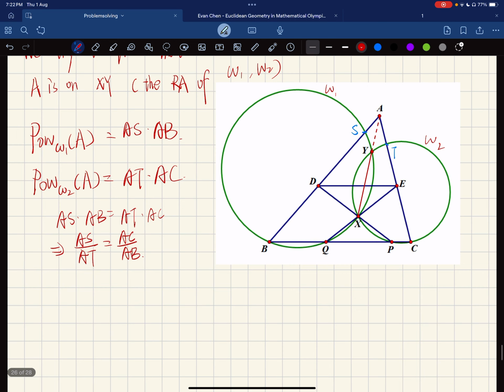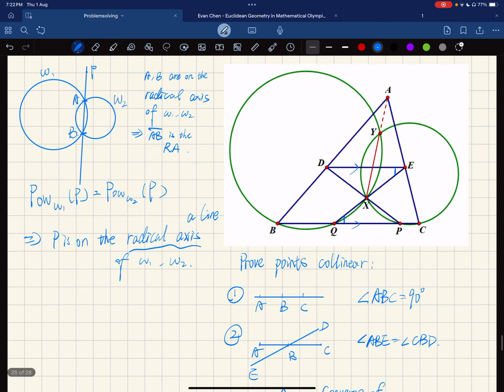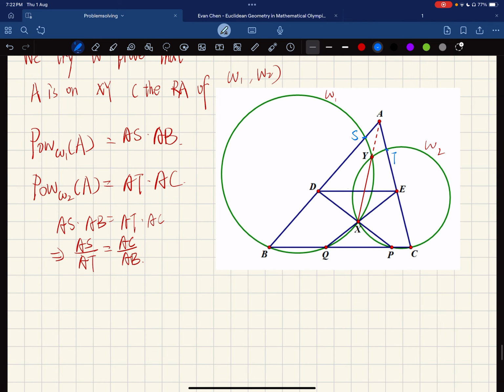Right. After knowing this, what else can we seek? Like we talked about before, DE is parallel to PQ, right? So we have these two angles of the same degree.